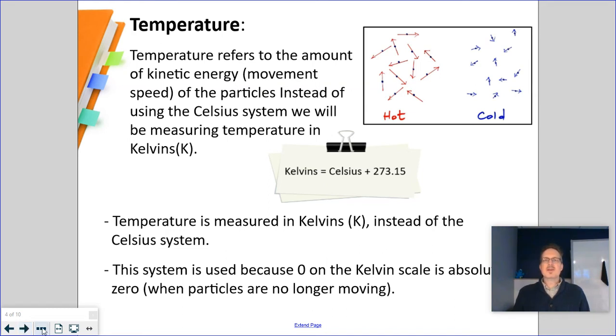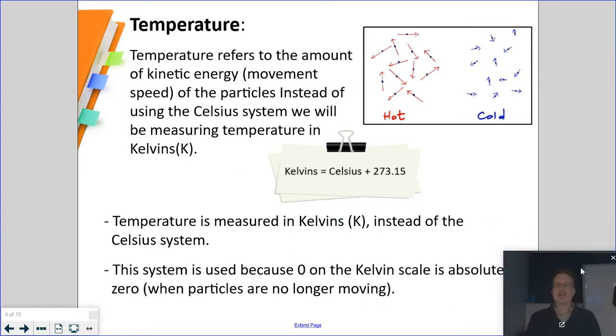So when we look at temperature, I want us to think about it as a measurement in kelvins, not degrees Celsius. We use this system because 0 on the Kelvin scale is called absolute zero, and that's where particles don't move at all anymore.